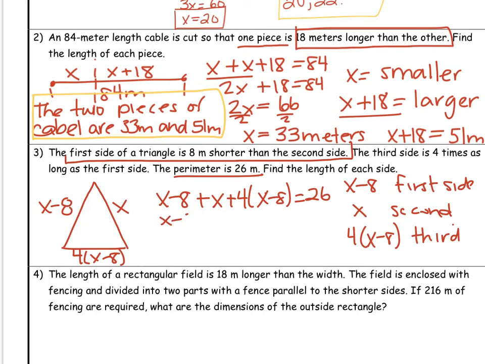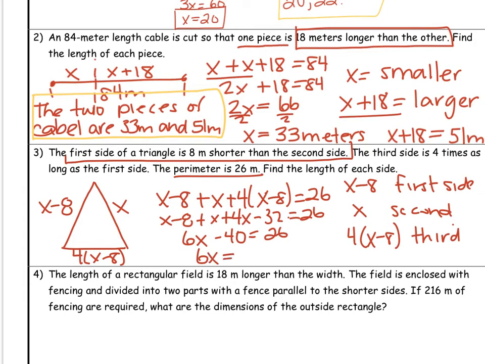After I distribute, I'm going to combine like terms. I get 4x minus 32 equals 26. Combining like terms, x plus x plus 4x is 6x, and then negative 8 minus 32 is negative 40, and that equals 26.